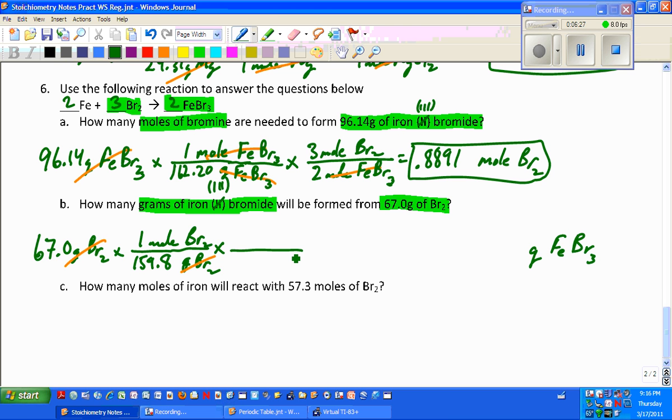Need my molar ratio. This time the bromine goes on top. Excuse me, instead of going on the top, it goes on the bottom. So I got 3 moles of bromine. So that cancels. So then on the top would be those 2 moles of iron 3 bromide.